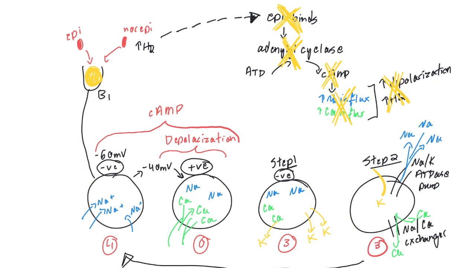I'm going to draw that all out again, just in a different way to make really sure we understand it. All right, so we have a pacemaker cell, and maybe this one's living in the AV node. Maybe it makes up the AV node, I should say, to be more accurate. And I have a beta-1 receptor sitting on this cell. Epinephrine or norepinephrine, but in this case we'll say epinephrine, when the heart rate needs to speed up, is going to come along and bind to that beta-1 receptor.